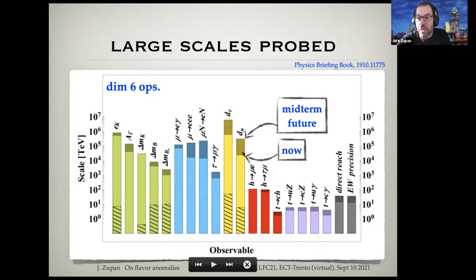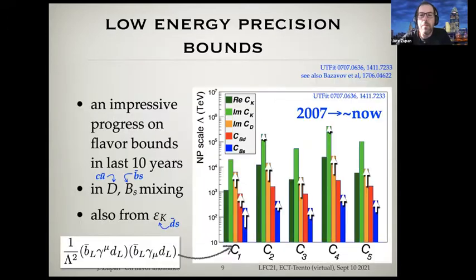You see that on the log scale, there are big jumps in sensitivity. And these big jumps on the log scale are not just future projections. This is something that we, as a community, have achieved in the past decades.